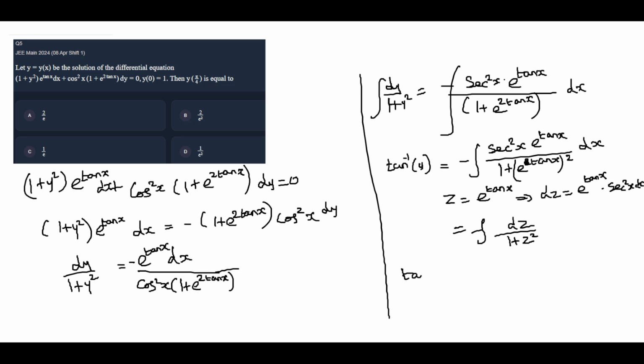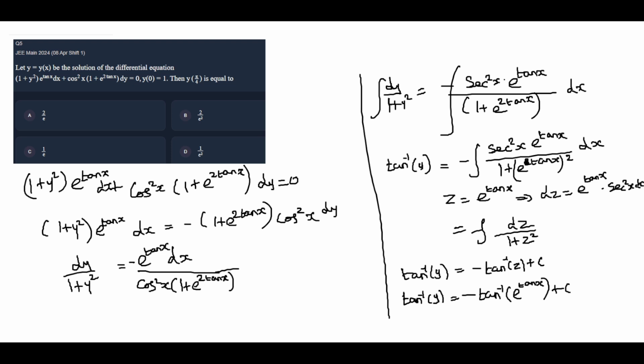So tan inverse of y is equal to minus tan inverse of z plus c. So z is nothing but e power tan x. So tan inverse of y equal to minus tan inverse of e power tan x plus c.